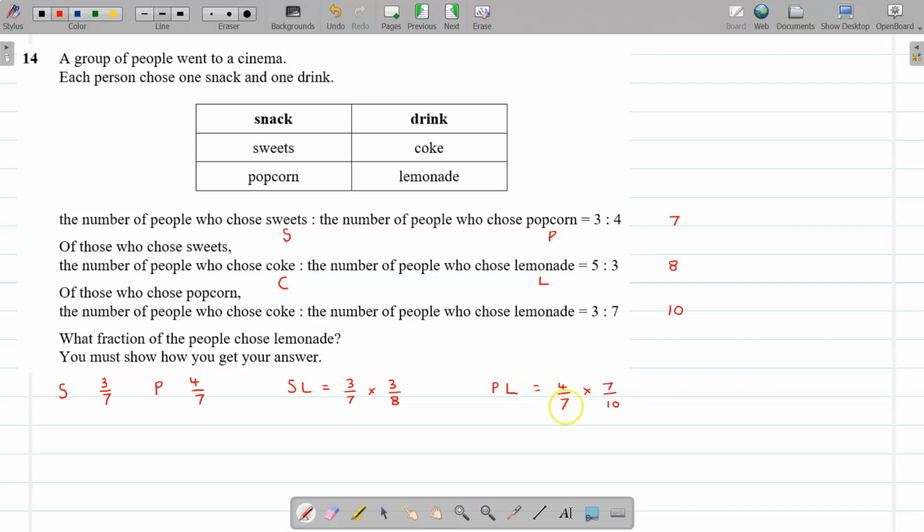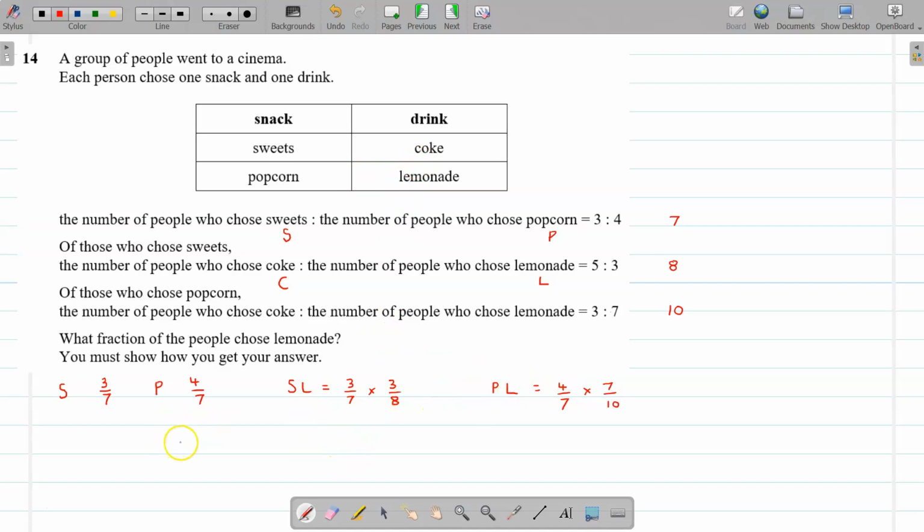Okay, and because there are 2 possible ways you can get lemonade, you add the probabilities together. Okay, so it's all the people who chose sweets and lemonade plus all the people who chose popcorn and lemonade. So anyone who chose sweets or popcorn with Coke are not included. So all I need to do is add those together.